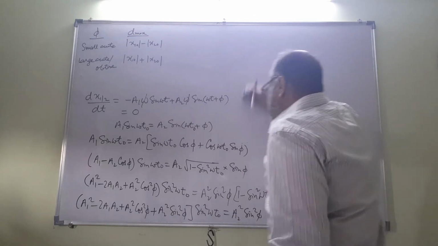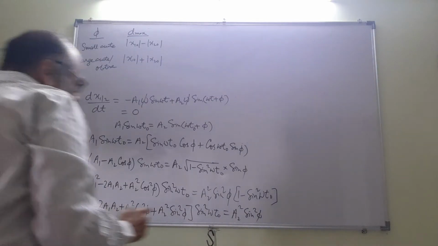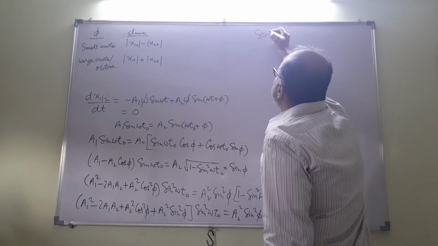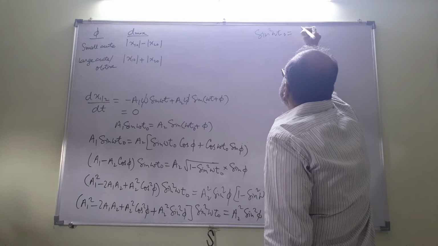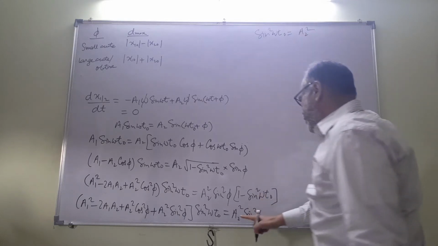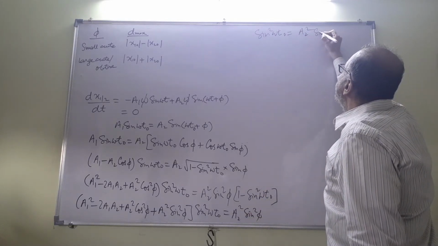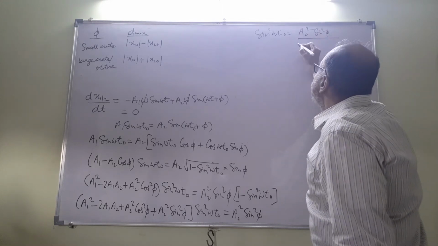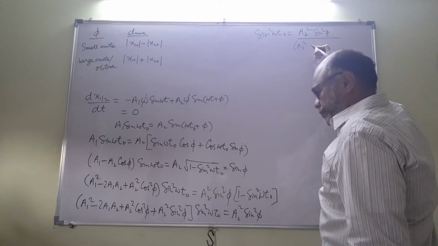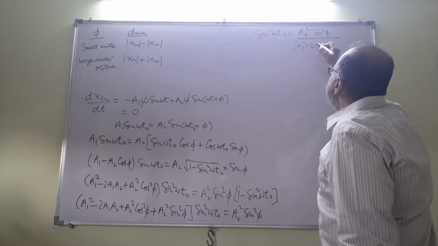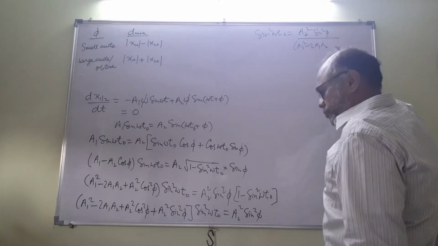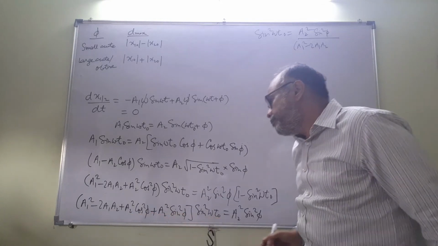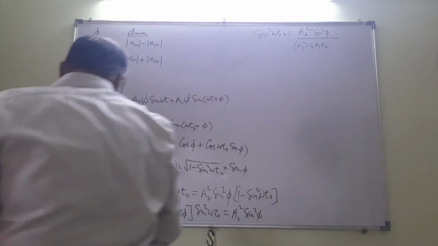Now let's see what we have. So we have sine squared omega t naught is equal to a2 squared sine squared phi divided by a1 squared minus 2 a1 a2 cos phi plus a2 squared. This a2 squared would be common here.